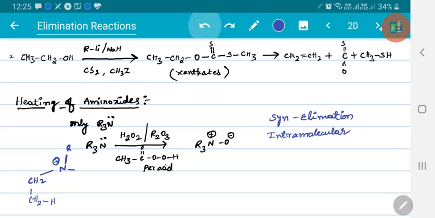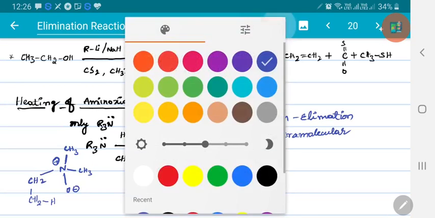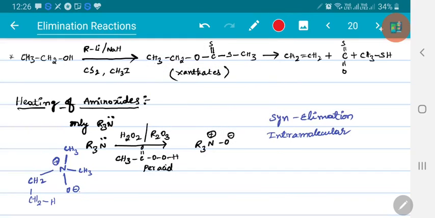So let me take CH3, CH3. Now there is no beta hydrogen here, right? CH3, CH3, and this is O minus. Now this O minus tries to abstract this hydrogen. Then this bond gets shifted here, then this bond gets shifted over nitrogen. This occurs on heating.